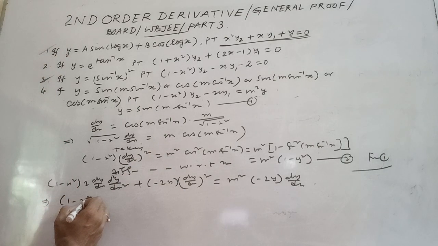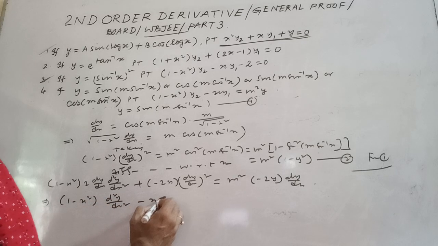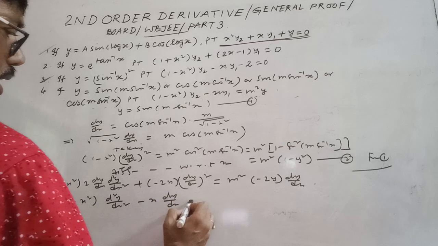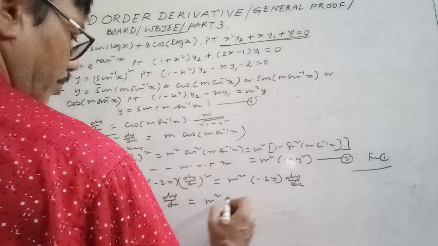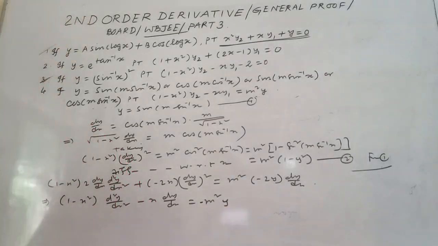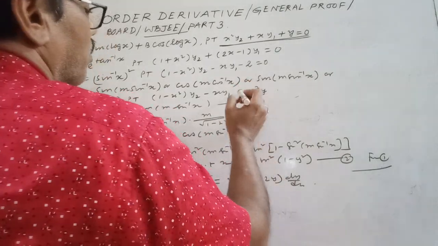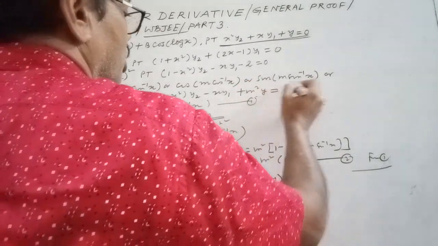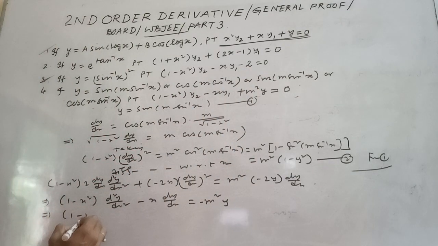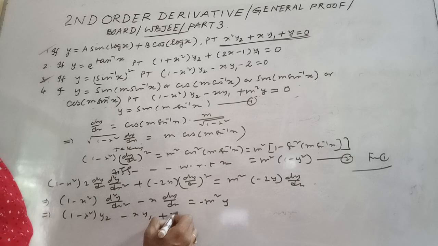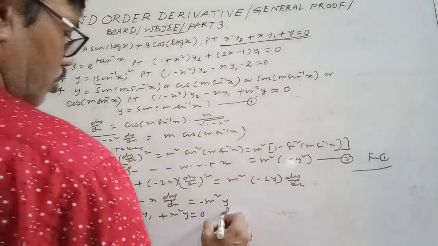This implies 1 minus x square into d2y dx2 minus x dy dx equals minus m square y. So this will be plus m square y equals 0. So correct it: 1 minus x square into y2 minus xy1 plus m square y equals 0.